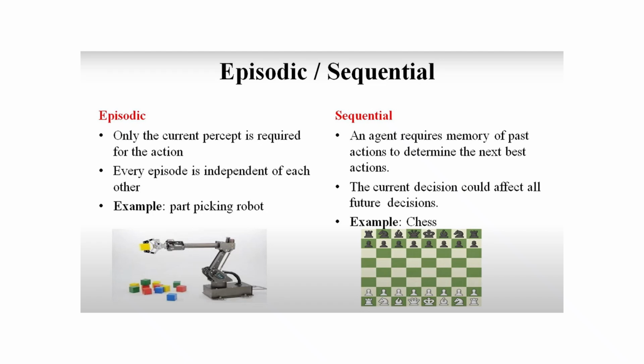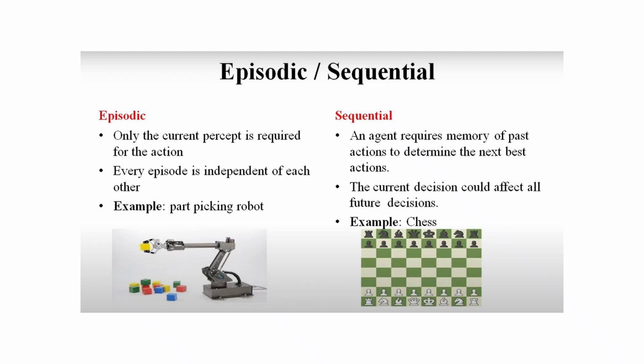A sequential environment is one where the agent requires memory of past actions to determine the next best action. So the current decision can affect all the future decisions. A good example is chess. There are 16 black coins and 16 white coins in a two player game, and we move each coin.